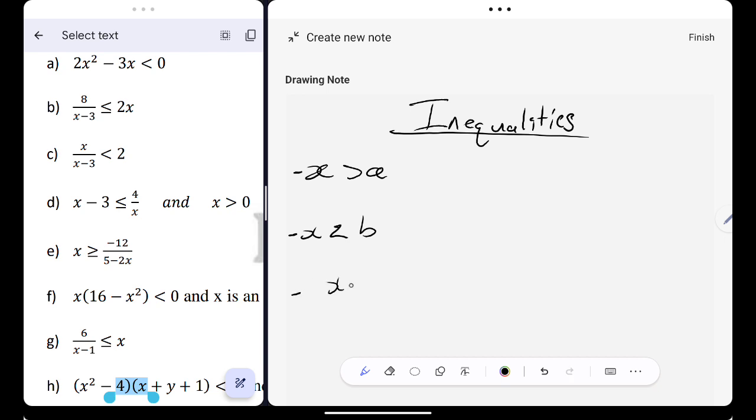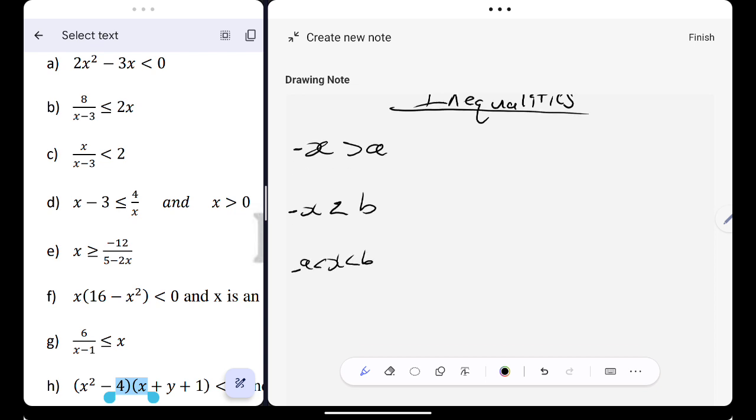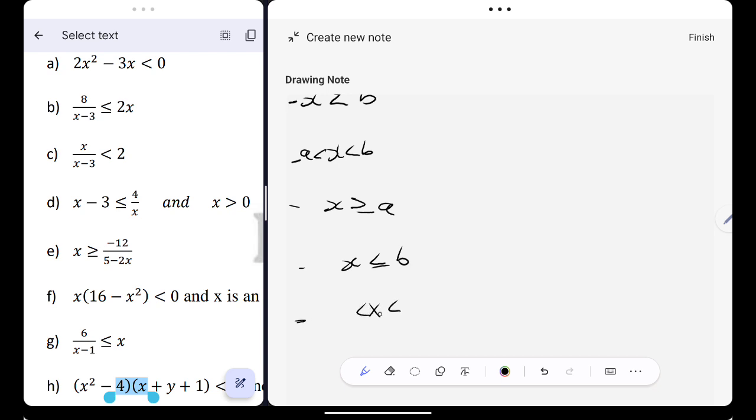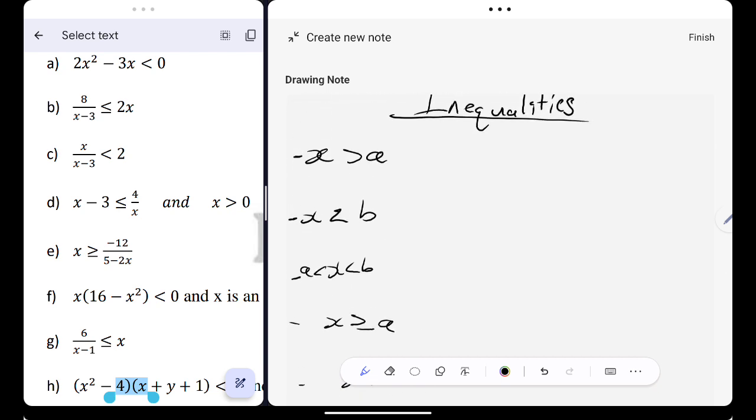Thirdly, your answer might look like this, between A and B. Your answer might look like this, greater or equal to A. It can also look like this, less or equal to B. These are the 6 possible ways your answer should look.